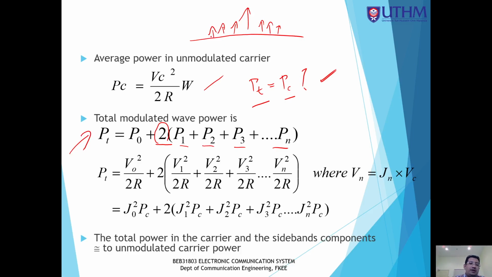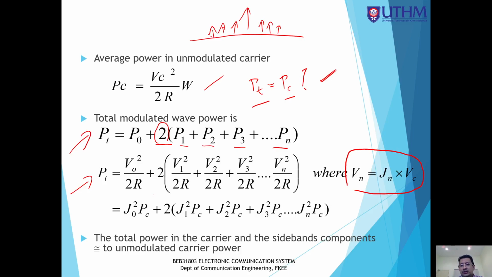P total is equal to V0 square over 2R plus 2 times V1 square over 2R, V2 square over 2R, V3 square over 2R, until Vn square over 2R, where Vn is equal to Jn multiplied with Vc.